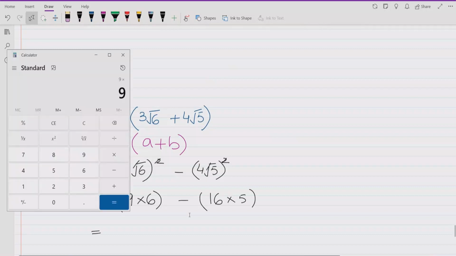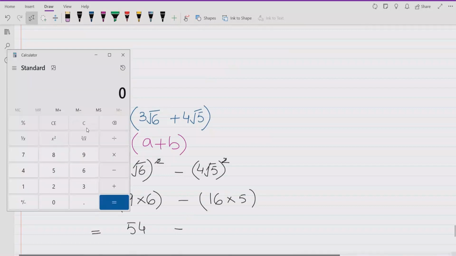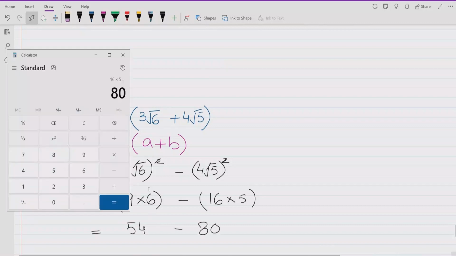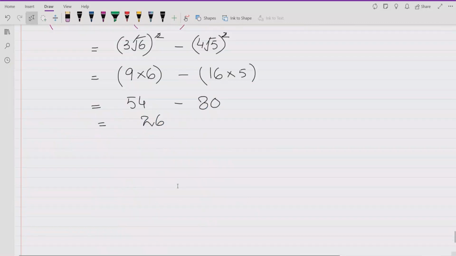9 multiplied by 6 is 54, minus 16 multiplied by 5 is 80. So 80 minus 54 is 26, but the sign is minus with the bigger term.